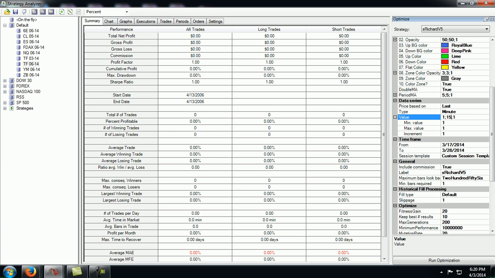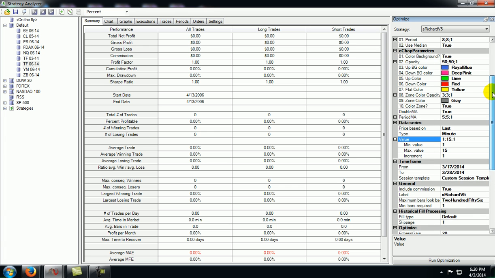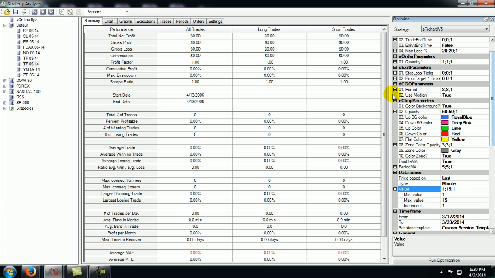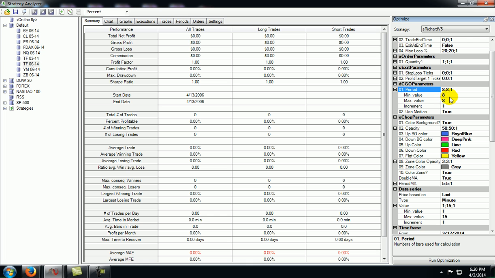As I said, I want to be able to just trade the most active period in the market, which is about 9 to 5, obtain whatever profits we can, and then get out at the end of the day. So that's 15-minute up here on the CGO.